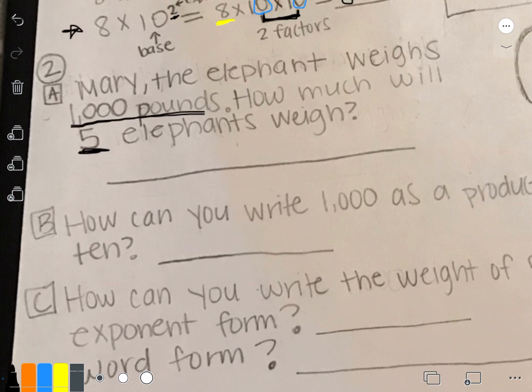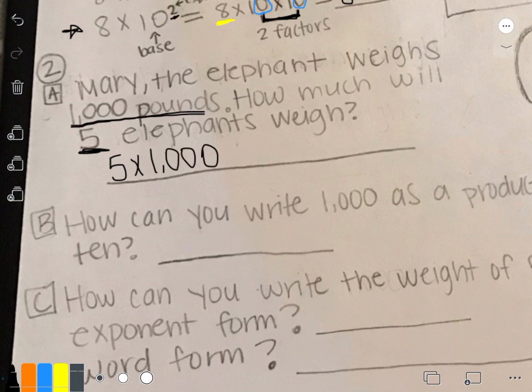Well, you have to first write the multiplication problem. So how many elephants are we talking about? We're talking about 5 elephants. And you have to multiply 5 elephants times how much 1 elephant weighs to figure out how much 5 elephants will weigh altogether. So 5 times how much 1 elephant weighs.